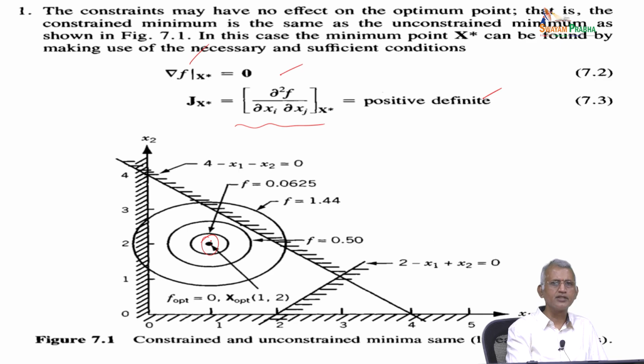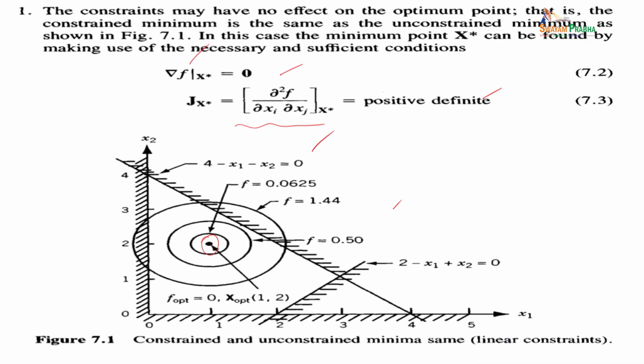This point converges, and we have to make a gradient search related to the equation. The equation comes as 4 minus x1 minus x2 equals 0, and if you solve it, we have the function value f converging from 0.5 to 0.0625. So, where the point converges we can easily identify.